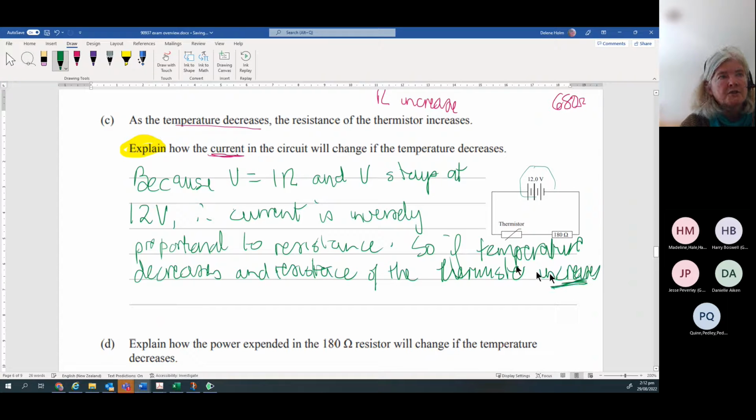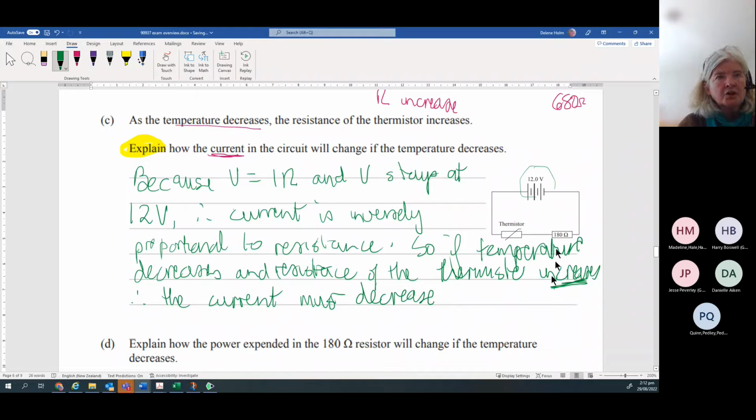Okay, so that's the word. So because current is inversely proportional to resistance, and this is increasing, that means that the current must decrease. Therefore, the current must decrease.